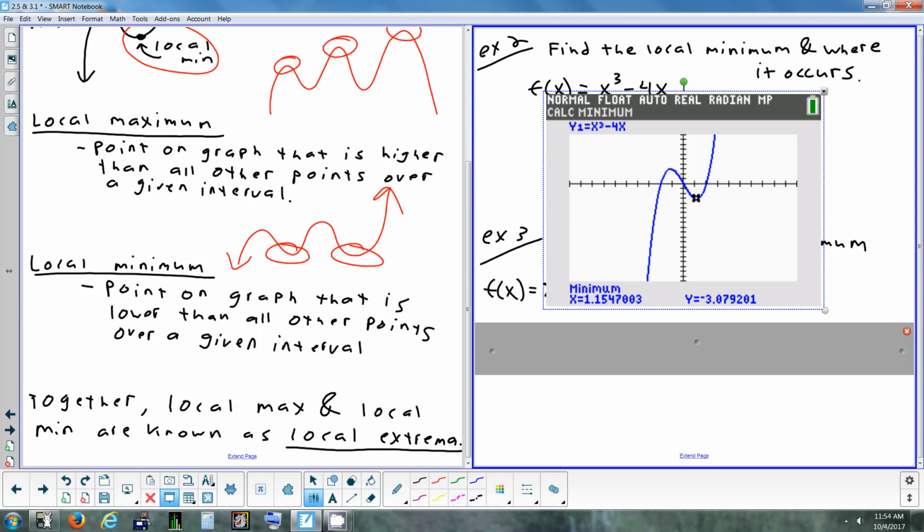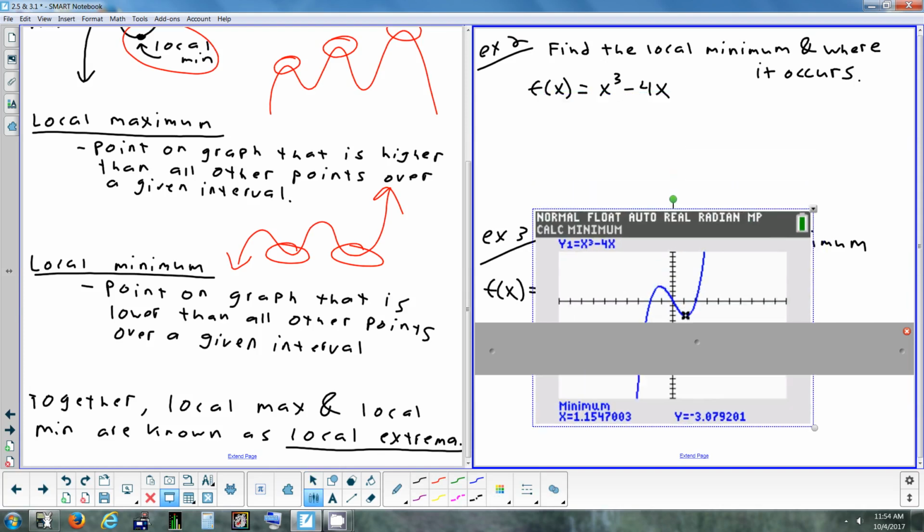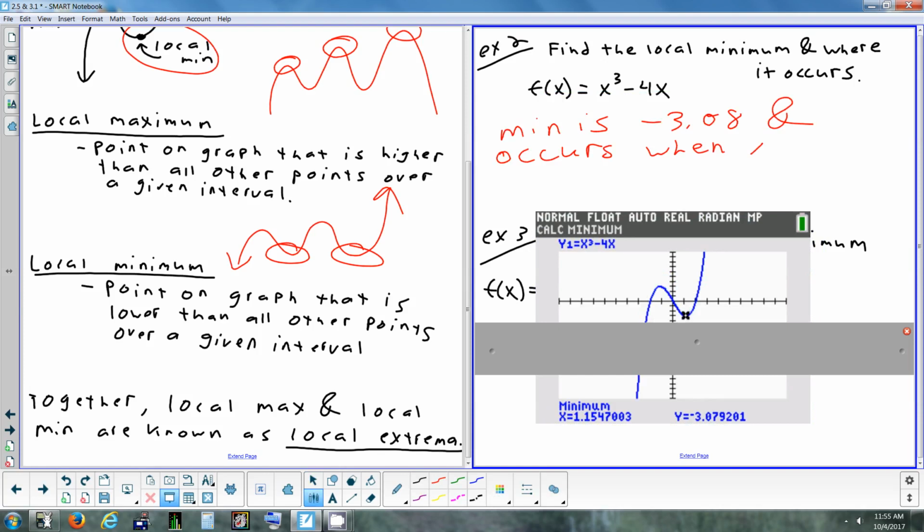You would plug in 1.15 for x, and you would get -3.08 for y. So the minimum is -3.08, and it occurs when x equals 1.15.